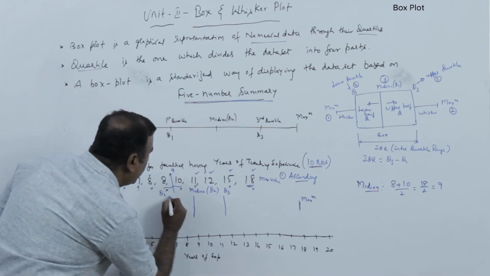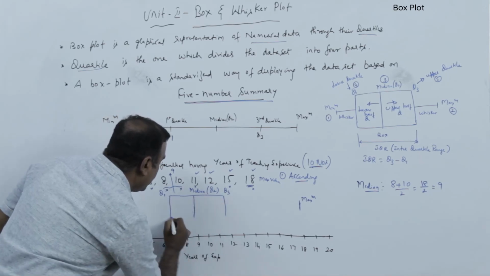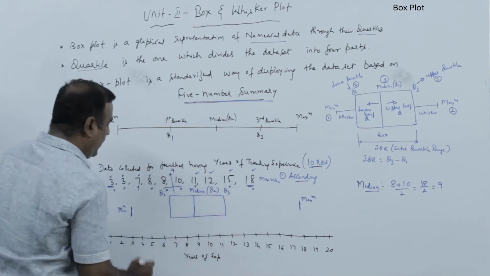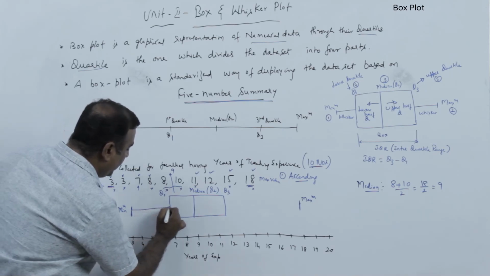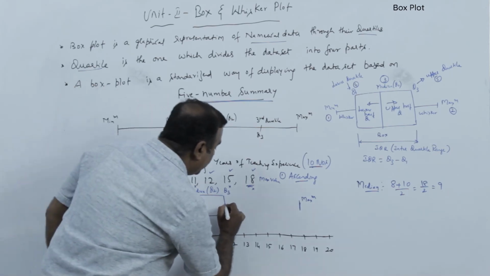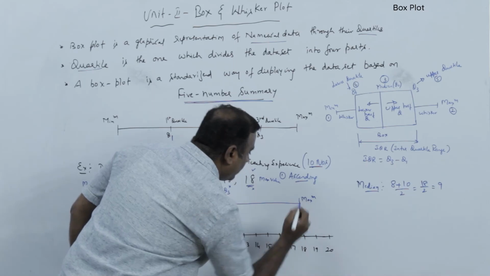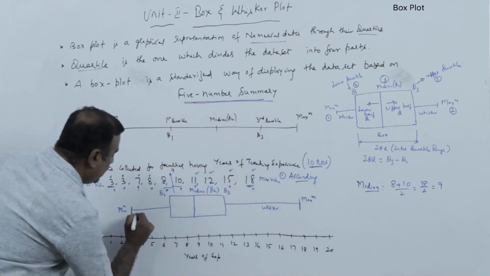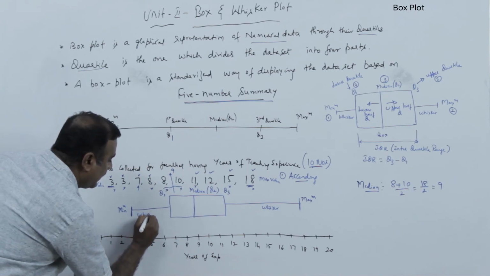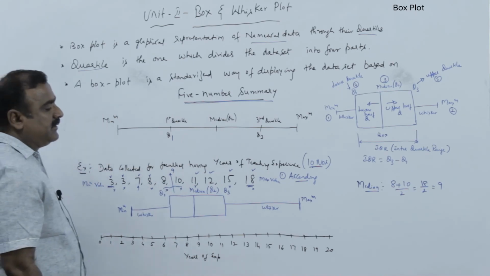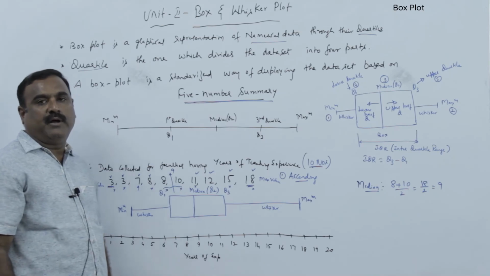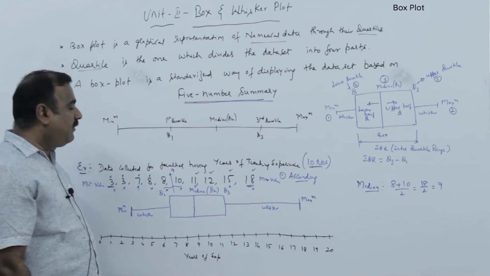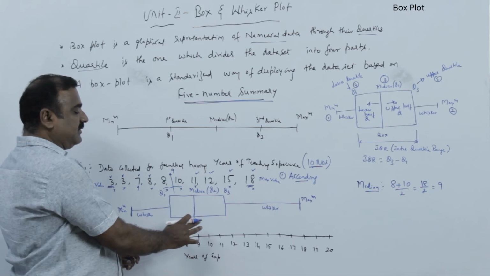I am going to draw the box for this. This is the box I am drawing, and I am joining the minimum with this line, and here I am joining the maximum with the other line. So this is how we have drawn the box plot for the years of experience data.